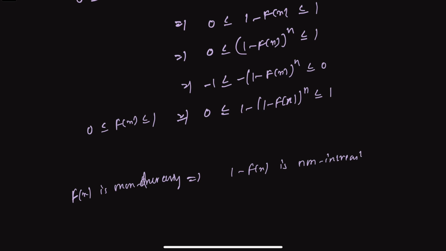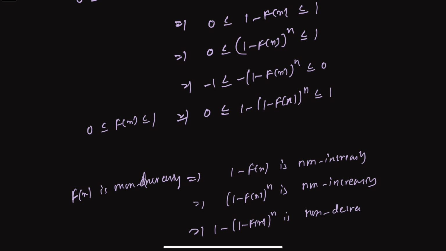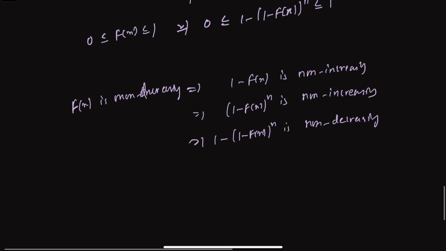So (1 minus F of x) whole to the power of n will also be non-increasing. That means minus of (1 minus F of x) whole to the power of n is again non-decreasing.